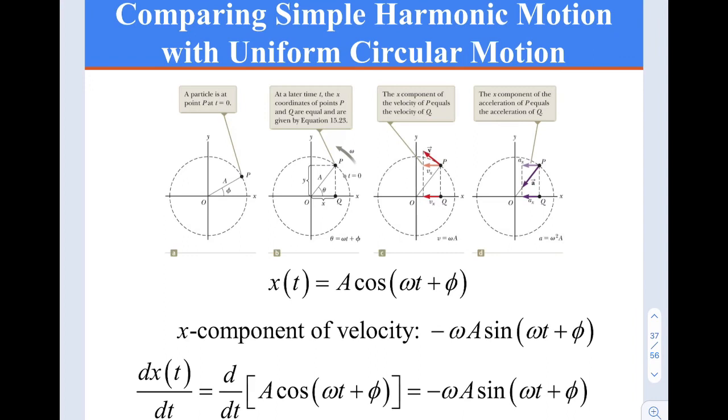We are going to compare simple harmonic motion with uniform circular motion. At this instant, take a look at figure A. We have an object placed at position P. At this instant there is no motion yet. At t equivalent to 0, it already has phi, the initial angular displacement, or simply known as the phase angle. Now it's going to move from this position to this position with a certain angular frequency of omega.